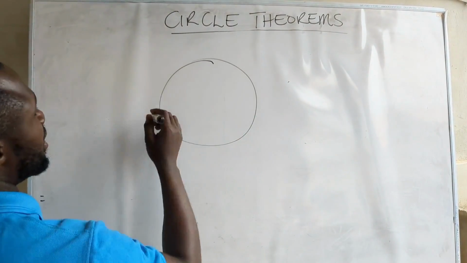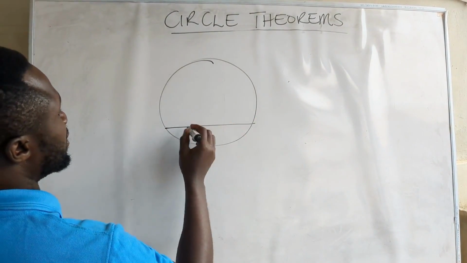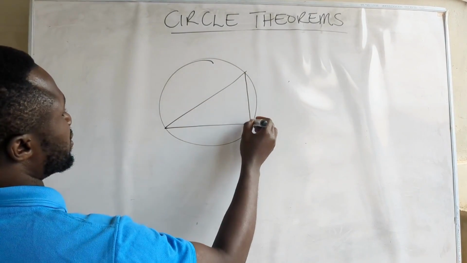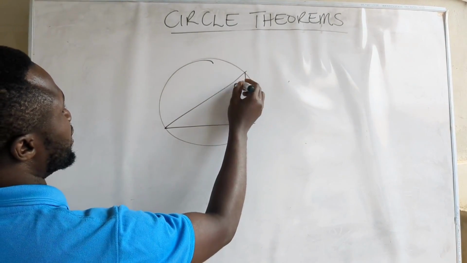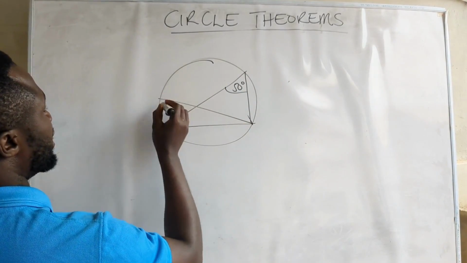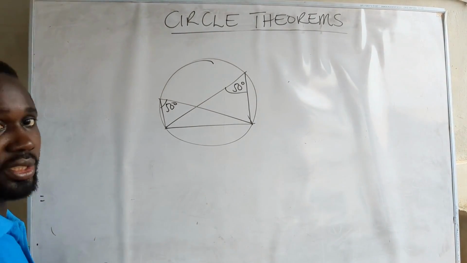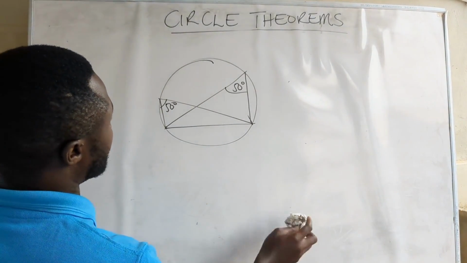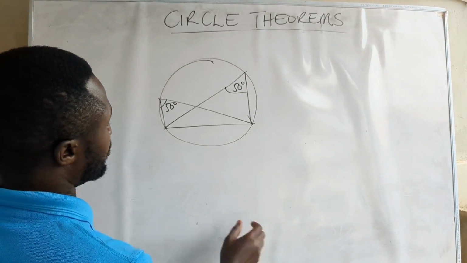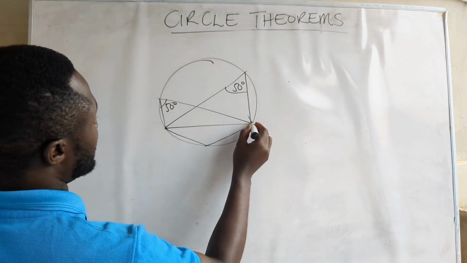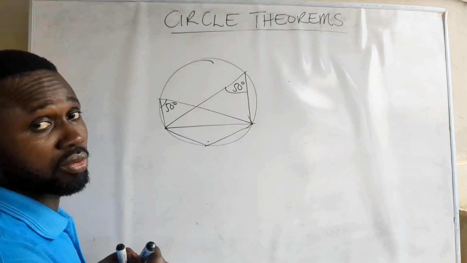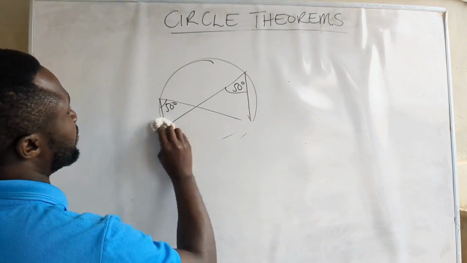So a typical example of that is, if here is 50 degrees, then the angle here can also be what? 50 degrees. That is what we are talking about. So don't assume that the angle here is also 50. No, it is not so.